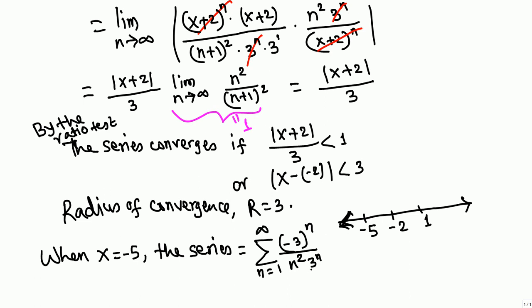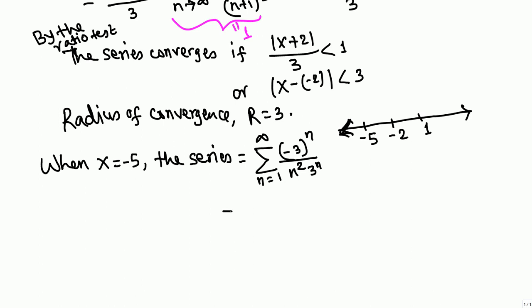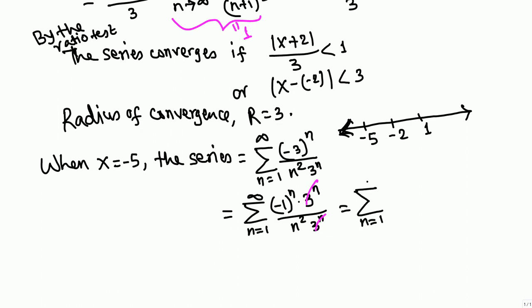Let's simplify this series. Negative 3 to the n is the same as (negative 1)^n times 3^n, over n squared 3^n, and we can cancel 3^n from top and bottom. So this series becomes the sum from n equals 1 to infinity of (negative 1)^n times 1 over n squared.